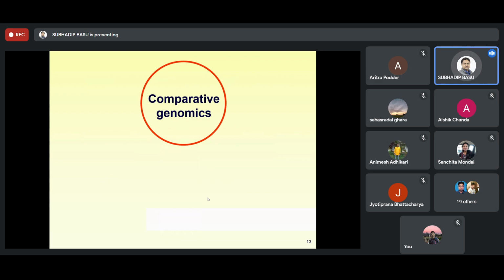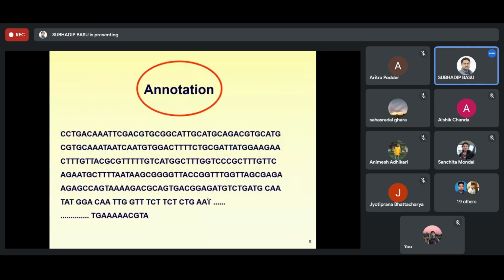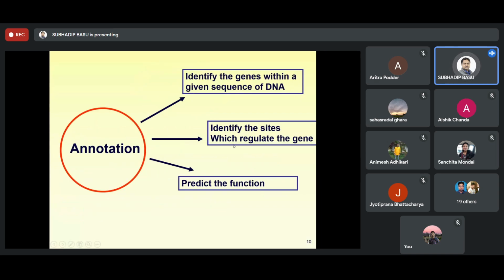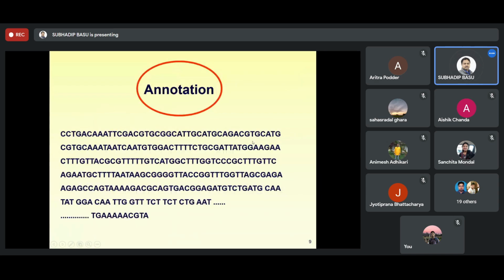So you have also comparative genomics. I was talking about annotations, and you can see that when you talk about gene finding, that means maybe this part, the second line, is responsible for a specific gene. Maybe this is the starting of the gene, this is the ending of the gene. So you need to find that.